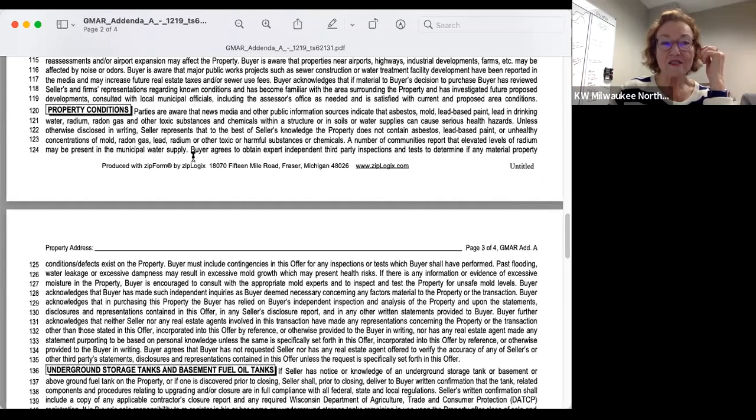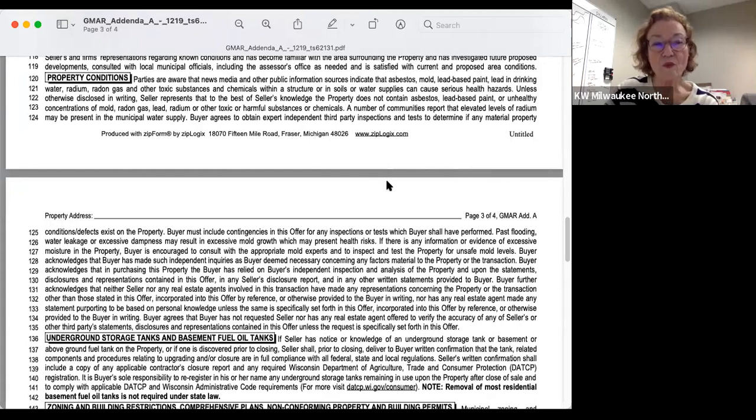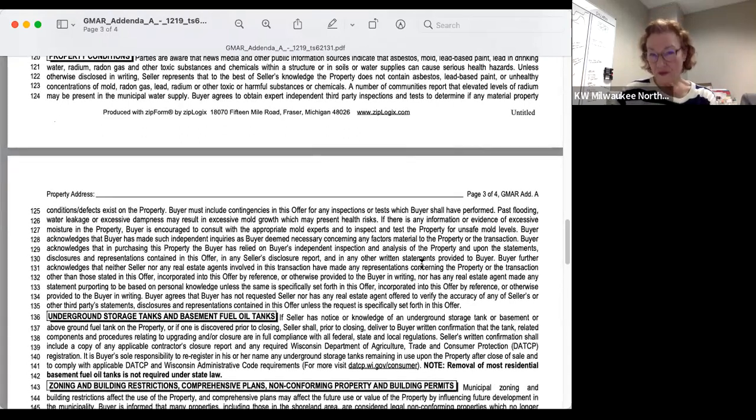Unless otherwise disclosed in writing, seller represents to the best of seller's knowledge that the property does not contain any of these things. A number of communities report that elevated levels of radium may be present in the municipal water supply. Buyer agrees to obtain expert independent third-party inspections and tests to determine if any of the material is present.